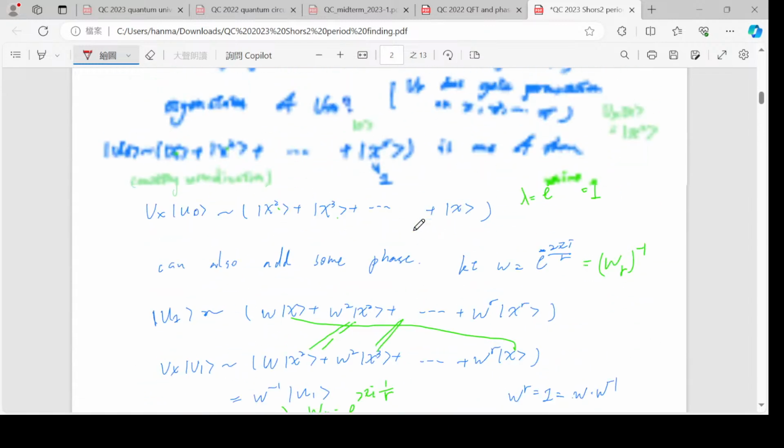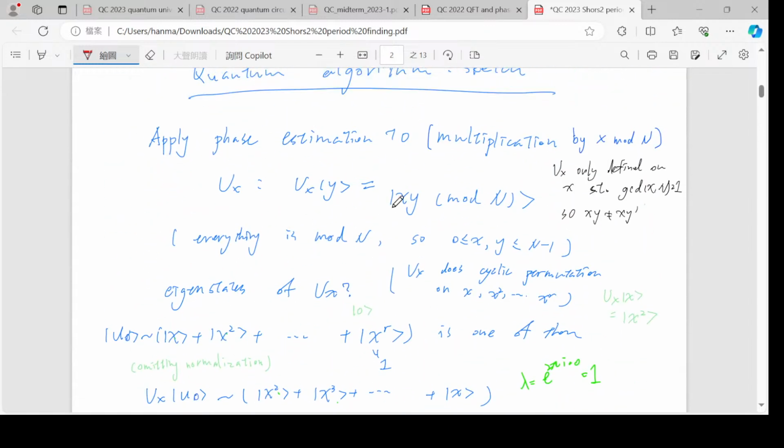I think you need to know r to do this, because this is reversible. So if you can implement U_x, let's try to do the proof here. If you can implement U_x, then you can implement U_x inverse, which will put xy to y.